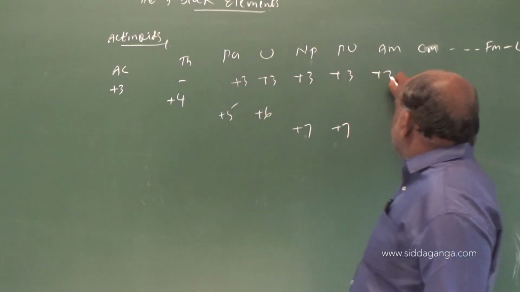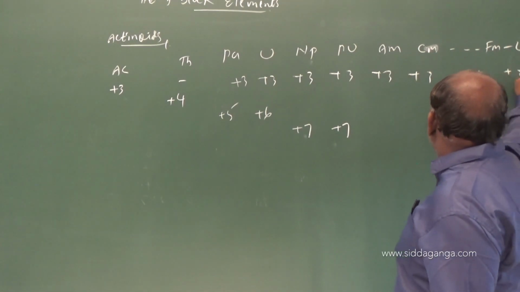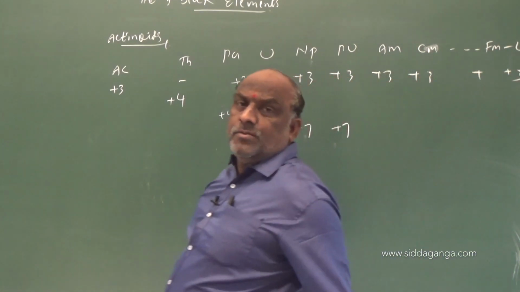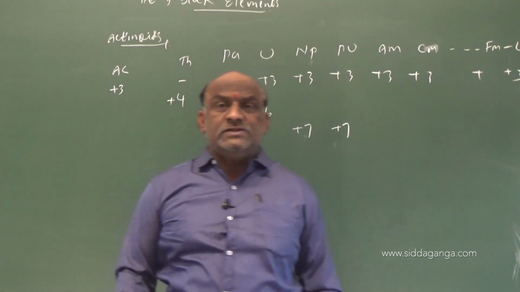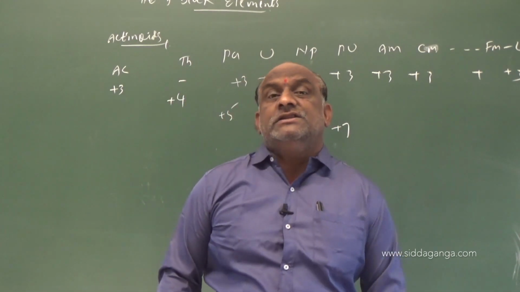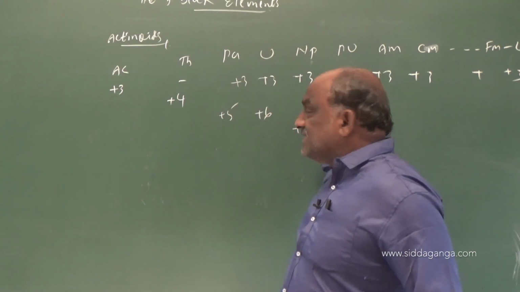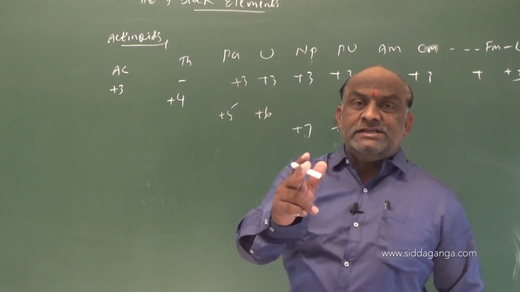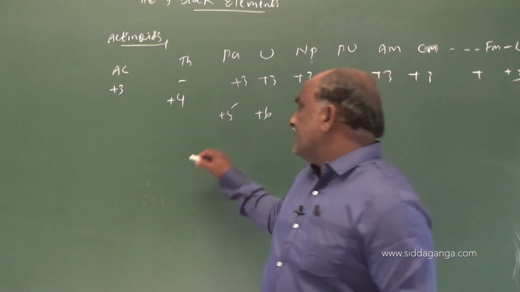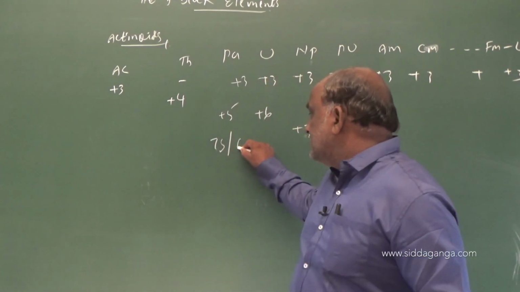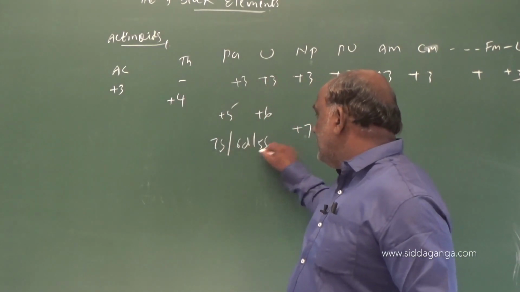Beyond plus 3, some more elements exhibit plus 4, plus 5, plus 6, plus 7 oxidation states also. What is the reason for these oxidation states? One and only one reason: the 7s, 6d, 5f gap.